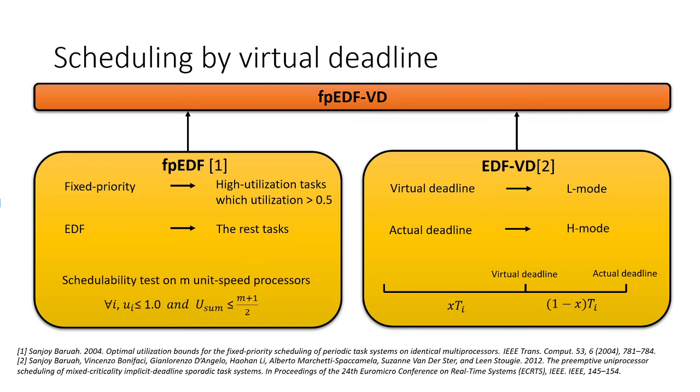The distance between the virtual deadline and the actual deadline of high criticality tasks is used as space for potential extra workload of jobs of high criticality tasks which are released in low mode and have their deadline after the mode switch. In other words, it only gives each high criticality task a virtual deadline in low mode.